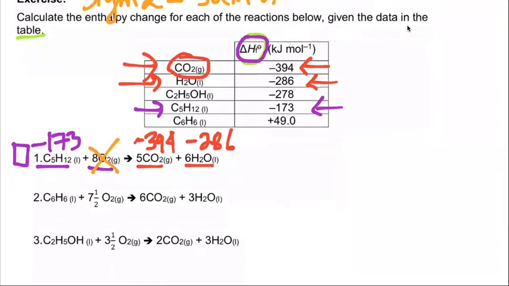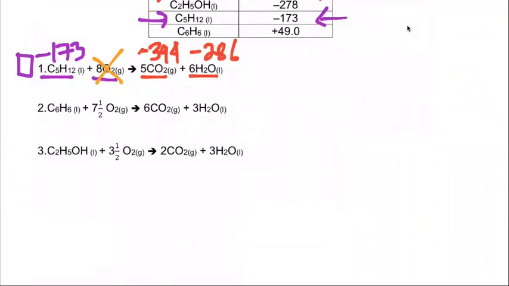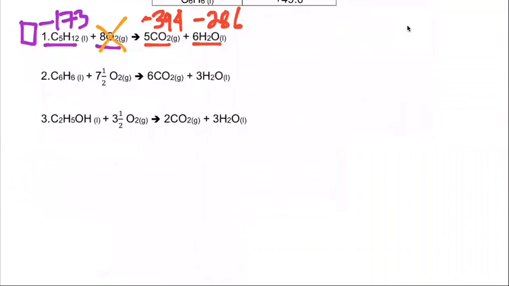Okay. So now that I know the values for each one, I can set them up in this equation and do the calculation. So I'm going to come down here so I have more room to write. I always do products first because it's always products minus reactants. So for my CO2, we said the CO2 was negative 394. Here is the catch: that negative 394 is for 1 mole of carbon dioxide.